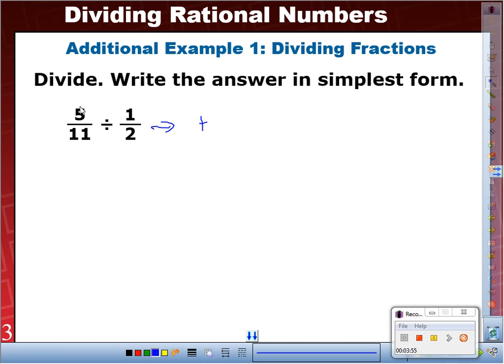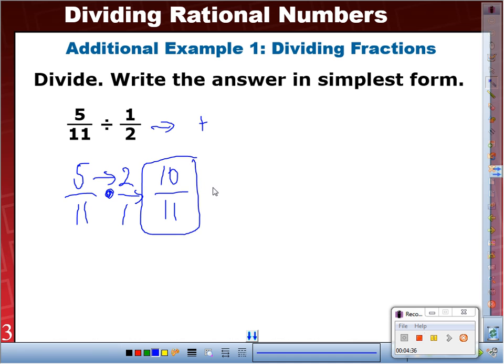Here's the first fraction. Multiply that times the reciprocal of the second. What would be the reciprocal of the second? 2/1. So if we're multiplying, this becomes 10/11, and it's positive, so this is the answer. Copy that, please.